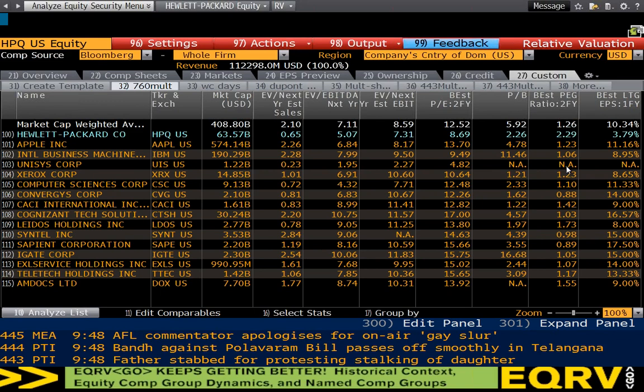So interestingly, despite Apple's great performance, I think what the market is probably saying is that they are maturing, and as a result, they're probably going to be maturing at a little bit lower return than what they have been getting historically.